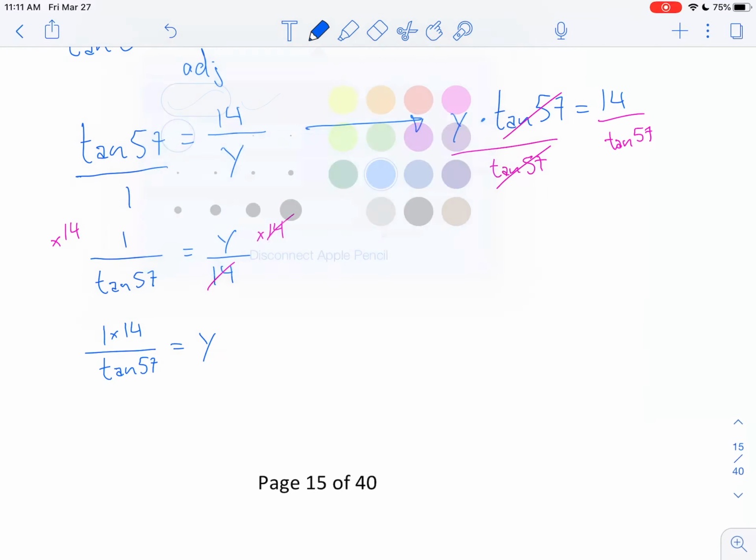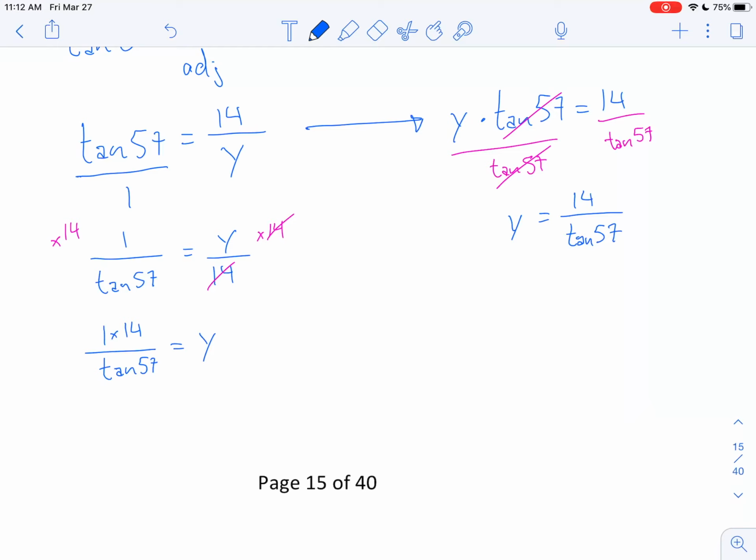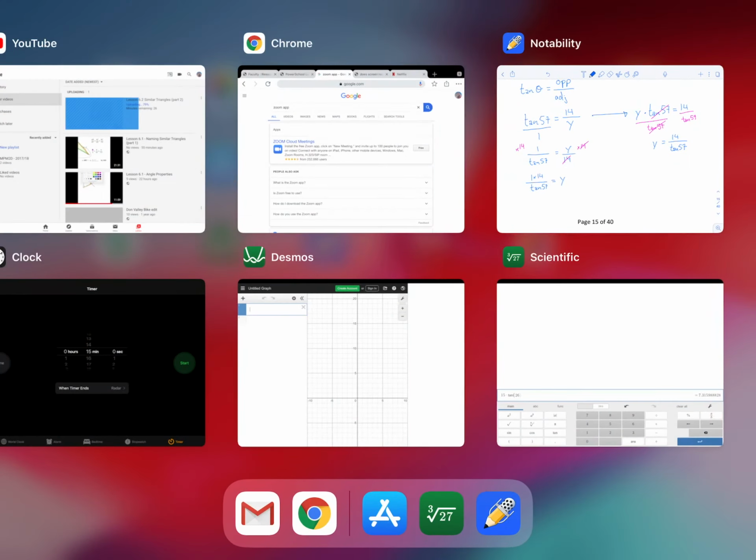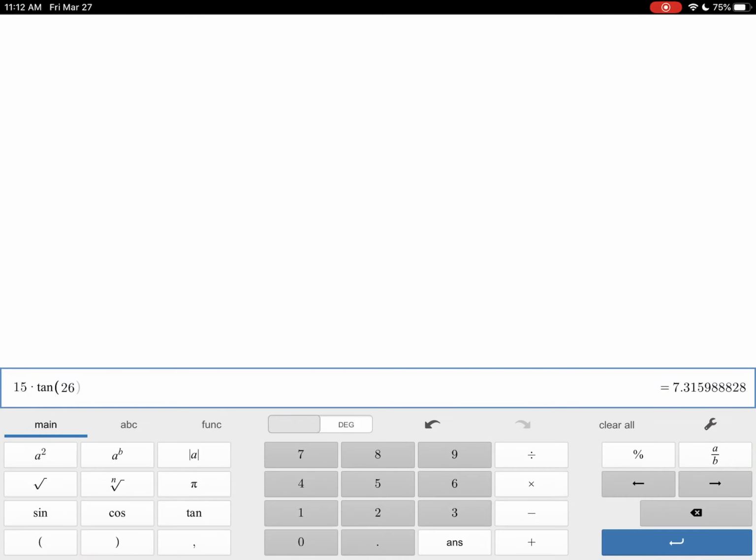And you'll notice we get the exact same thing. y is equal to 14 divided by the tangent of 57 degrees. So then we just have to type that into our calculator. These are the same way of solving the exact same problem, exact same way of thinking about it. I find some students like one method, some students like the other method. Take what you want.